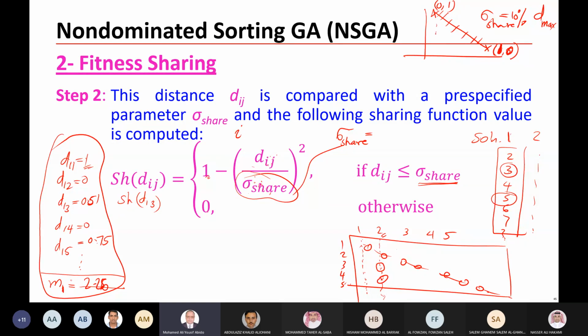This is the minimum for F1, so it will be 0, and the maximum for F2 will be 1. And this will be 1, 0. Am I right? Yes. So the distance is 1 squared plus 1 squared, so 1.4. This is the whole distance. If you divide this by 10, it becomes 0.14. This is sigma share.